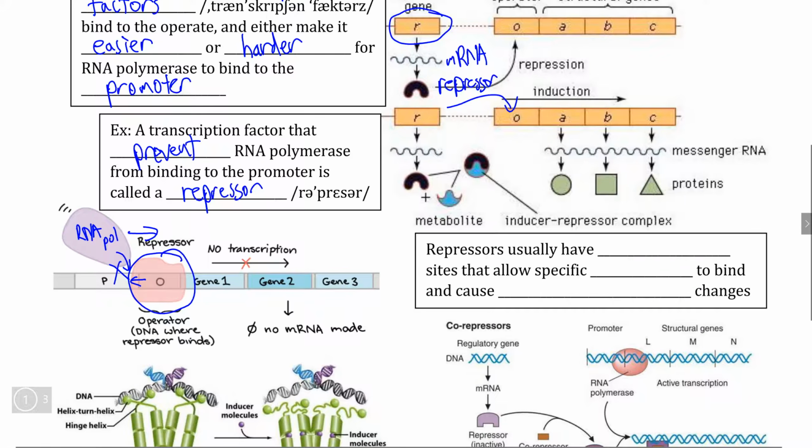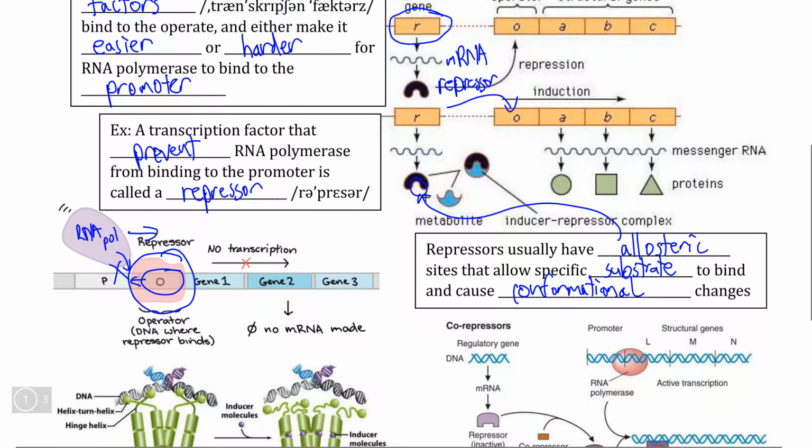Now, at the protein-specific level, we can see here that the repressor, in addition to having an active site that allows it to recognize the DNA of the operator, usually also has some sort of allosteric site that allows specific substrates to bind and therefore cause conformational changes in the repressor's structure.